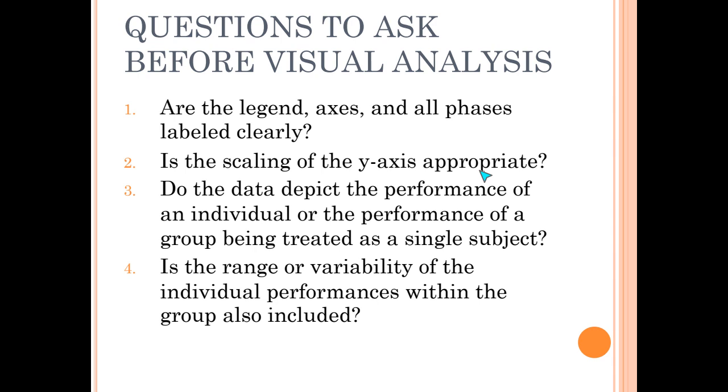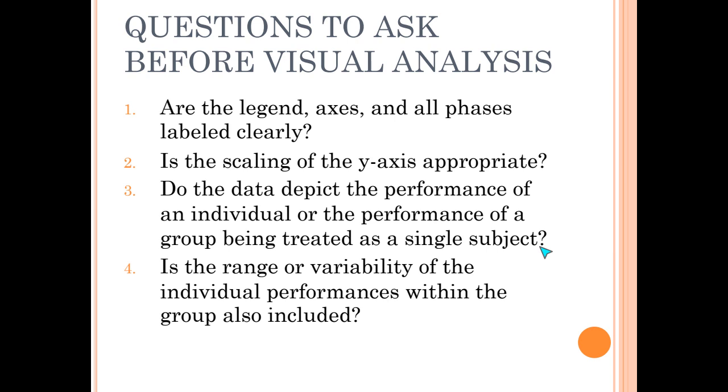You need to know that up front, because if it's a group, a little bit of a change may be quite natural, whereas for an individual, a little change in a data pattern could already be a very significant step forward or step in a certain direction. Then you want to look at the range or variability of the individual performance.